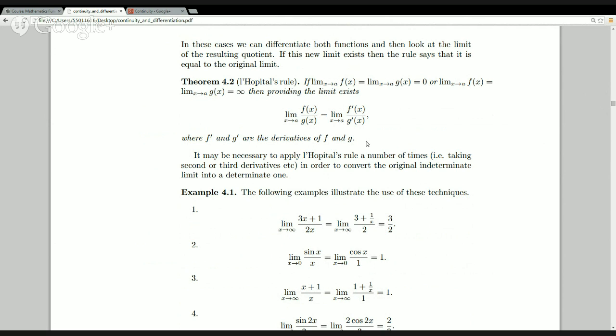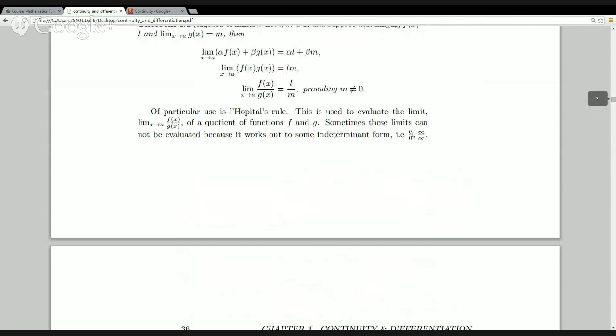So just to remind you, L'Hopital's rule tells you how to work with limits of quotients when, if you're looking at the limit of a quotient of two functions, and you just rush straight ahead and take the limit of the top part and the limit of the bottom one, so the limit of the numerator and the limit of the denominator, and you're seeing a quotient like 0 over 0, or infinity over infinity, well, you can't resolve those into quantities just like that.